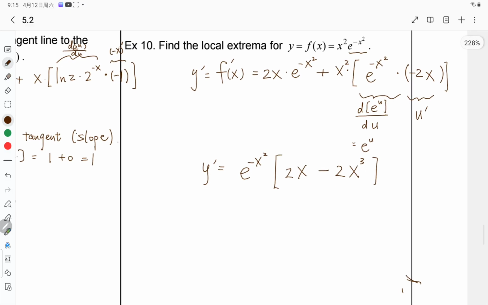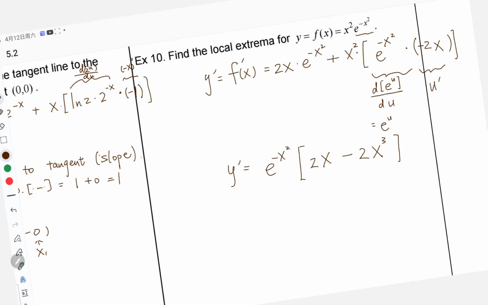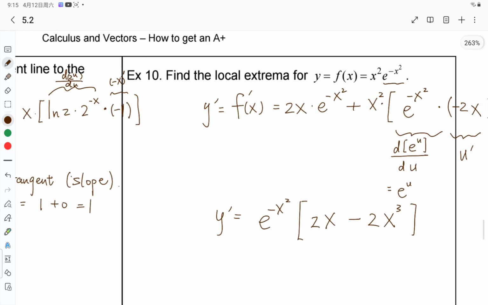Here, so what do we do now? Local extrema. So first, remember, extrema means both global and local max and min, okay?